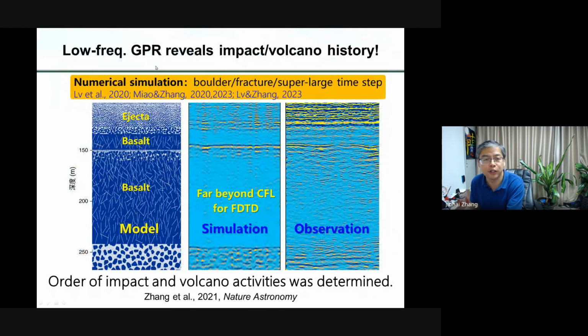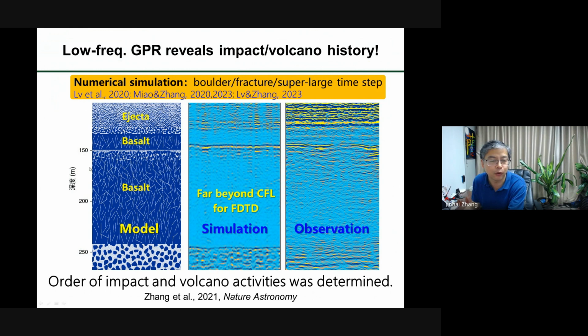Here is the low frequency GPR for the Chang'e 4 mission. We can see here is the original observation. It's only a part and not the whole profile. Anyway, this part has much less reflection. So we can construct a numerical simulation to confirm that the basaltic layer has less reflection. That means we have two layers.